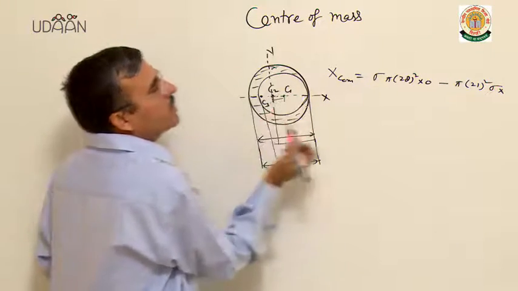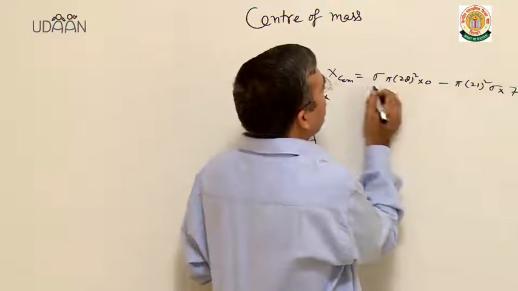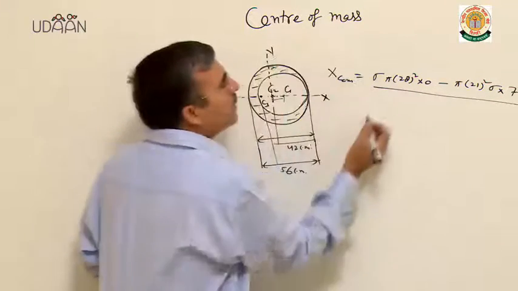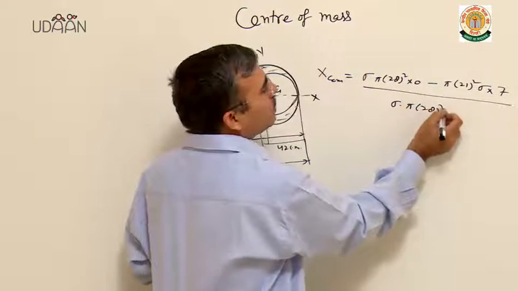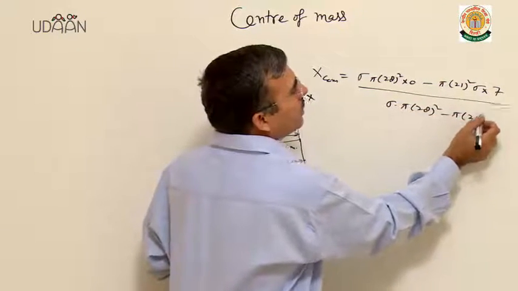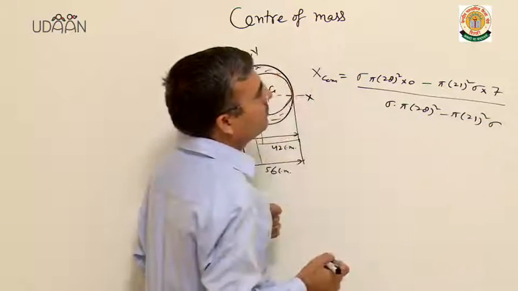So the coordinate will be 7 of the removed part divided by total mass, sigma into pi into 28 square minus pi into 21 square into sigma.